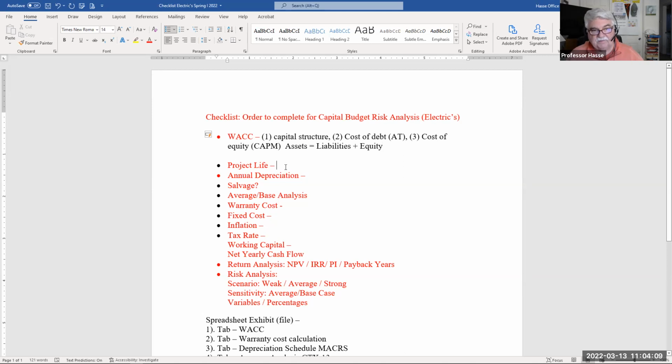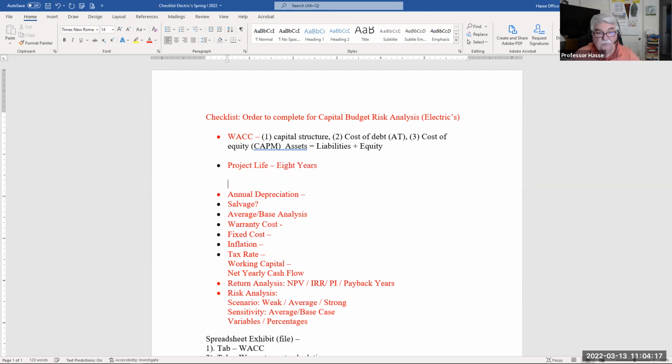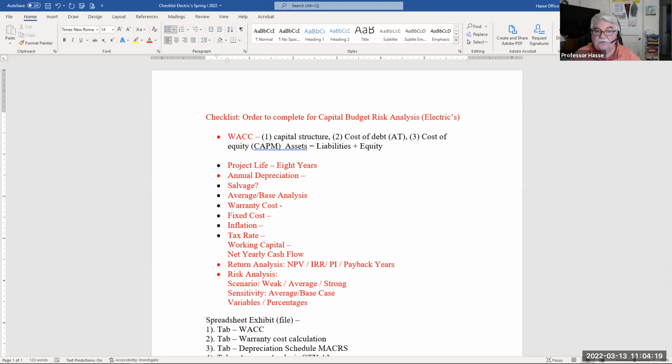The project life of this company. The project life is 8 years. That's your depreciable base. That's the 8 years you're doing. The annual depreciation you have to calculate. You have to create a table using the MACRS depreciation table.